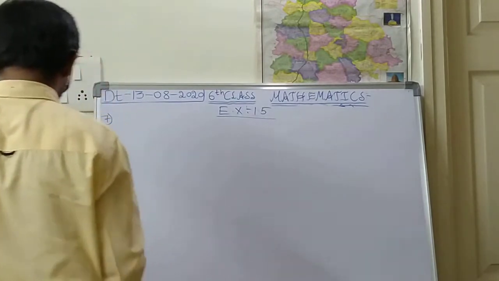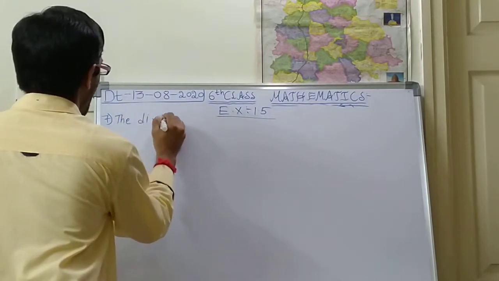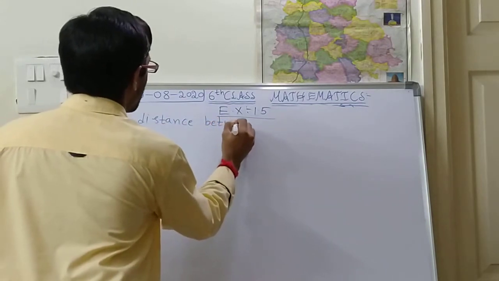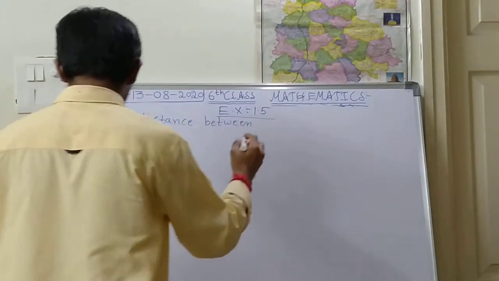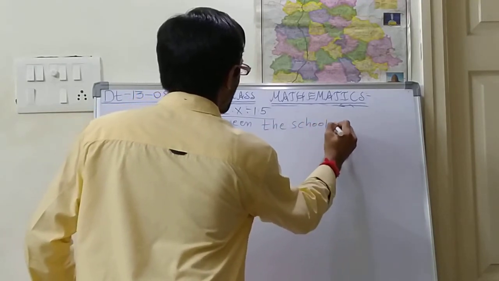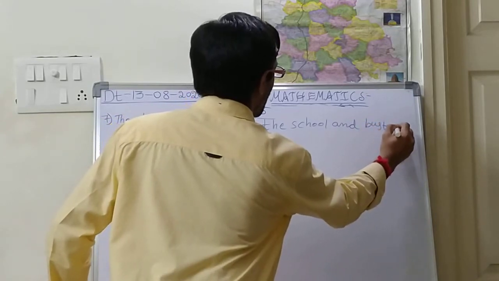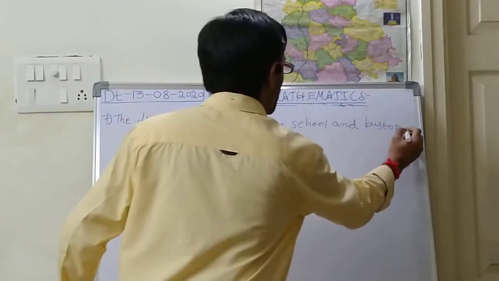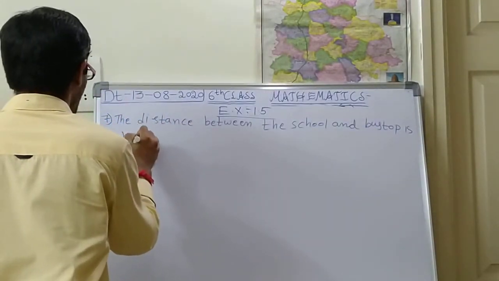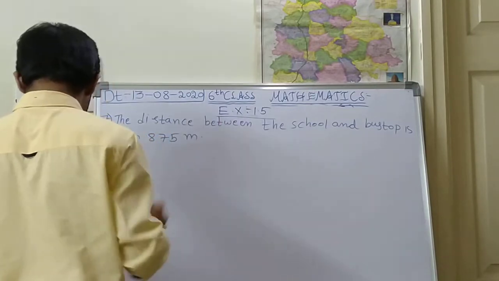Seventh one I am giving in the exercise. The distance between the school and bus stop is 1 kilometer 875 meters.